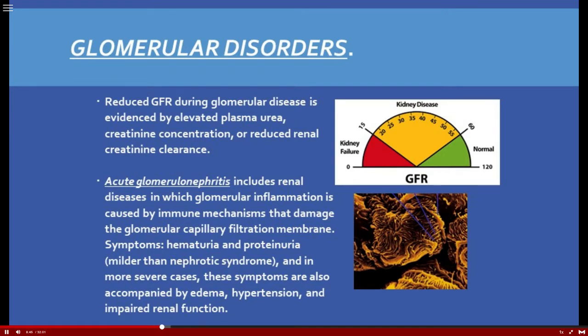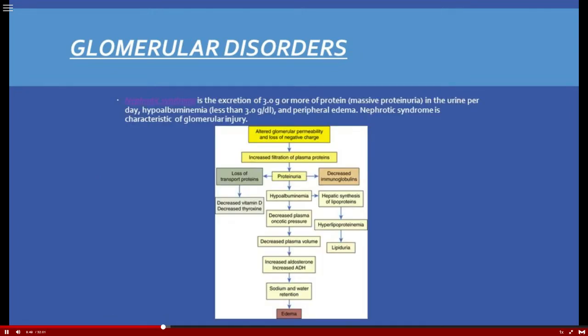So let's move to nephrotic syndrome. Nephrotic syndrome, on the other hand, is different than acute glomerulonephritis in that with nephrotic syndrome, there is massive proteinuria. We're talking about an excretion of 3 grams or more of protein. So what you're going to see is even more marked peripheral edema.